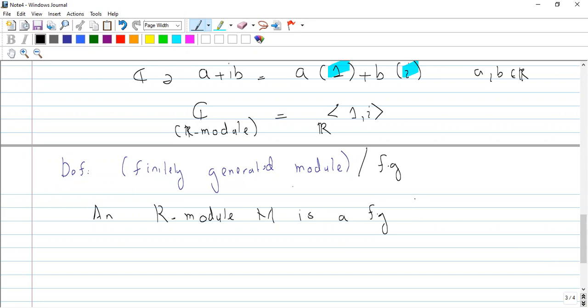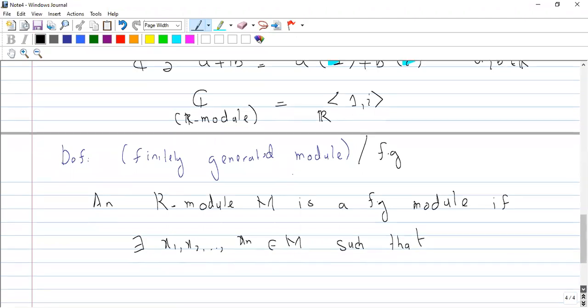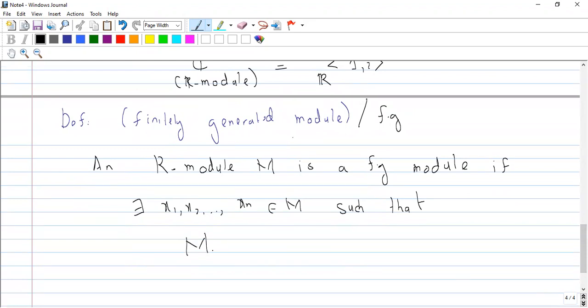Is a an R module M is a finitely generated module if there exists some x1, x2 up to so on xn in M such that... So M, and actually these are generating set, and this is a set of all possible linear combinations which we can construct with the help of x1.